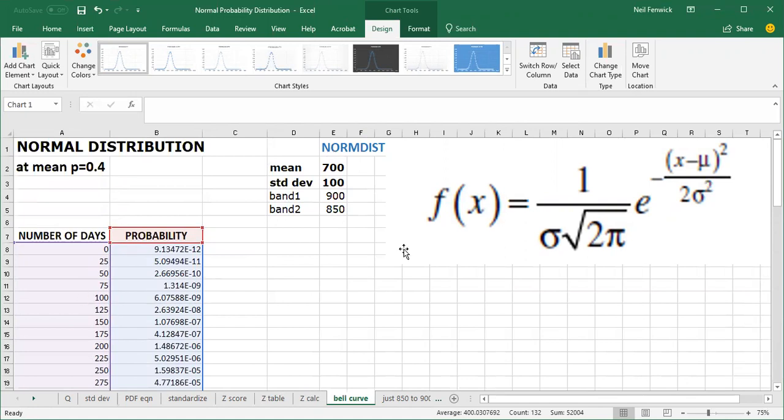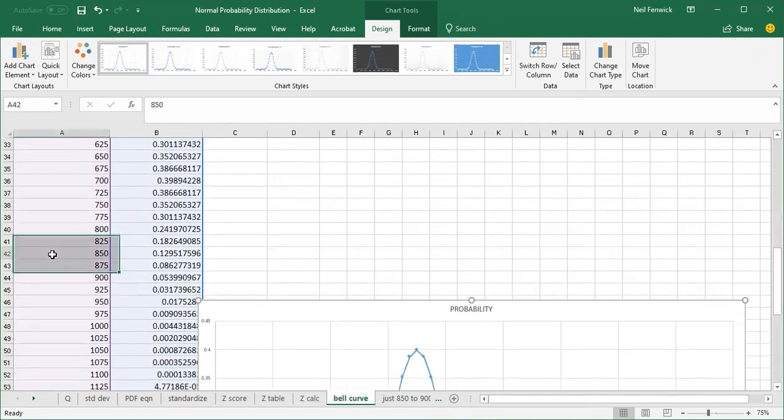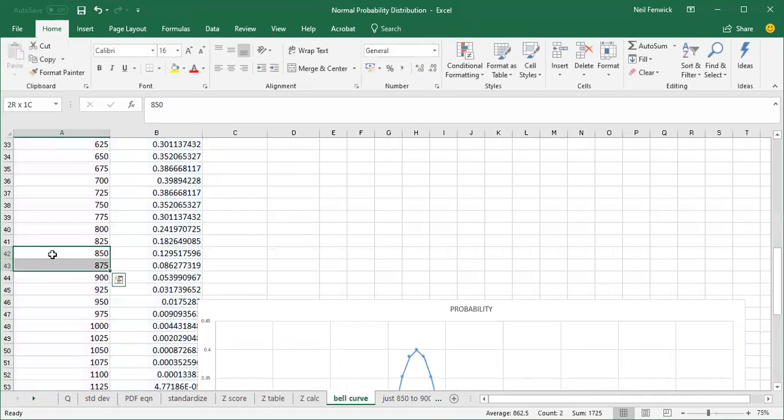What we want to do now is zoom in and do numerical integration from 850 to 900 days. In this particular sheet, with only a resolution of 25 days, we've only got 3 values to work from. We could use these 3 values to work out rectangular slices, area under a curve.